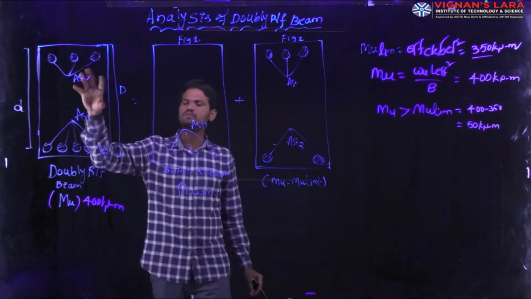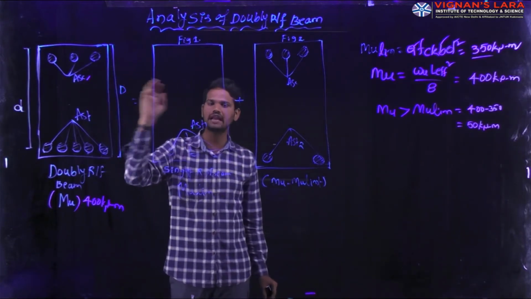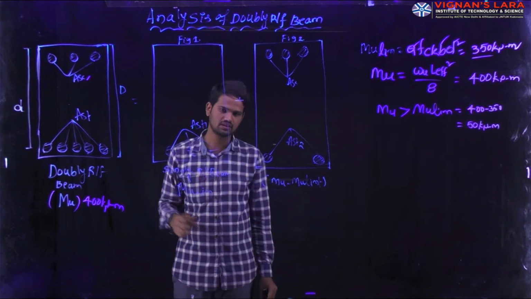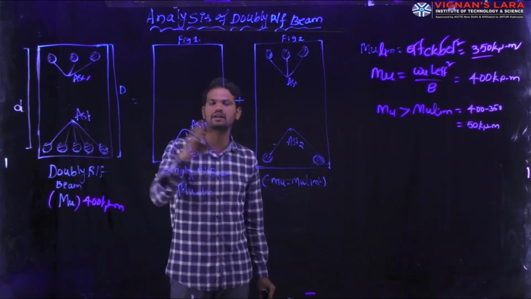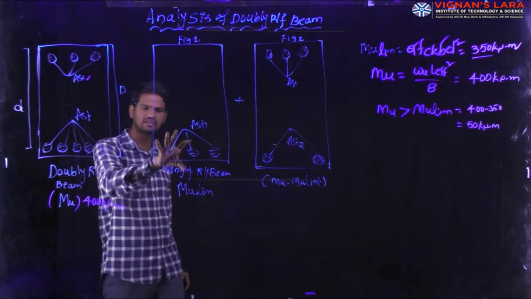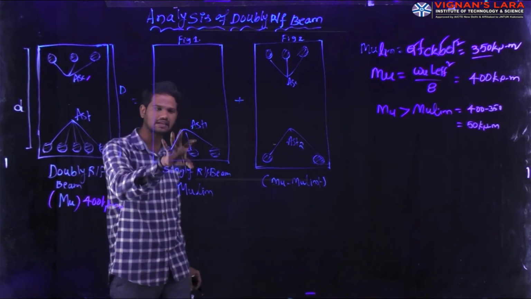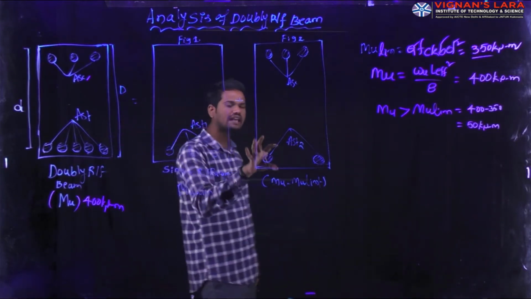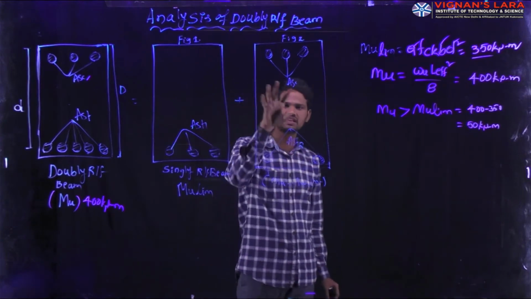Now I am converting this doubly reinforced beam into two diagrams. Nothing but a singly reinforced beam section as a balanced section, as well as a section to resist the additional moment.